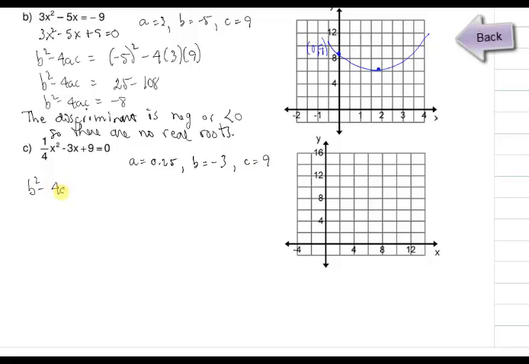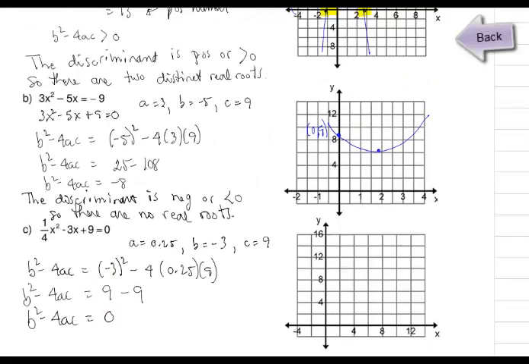We will substitute those values into our discriminant, and we will get -3 squared minus 4 times 0.25 times 9, and so you get b squared minus 4ac equals 9 minus 9. And so b squared minus 4ac equals 0.